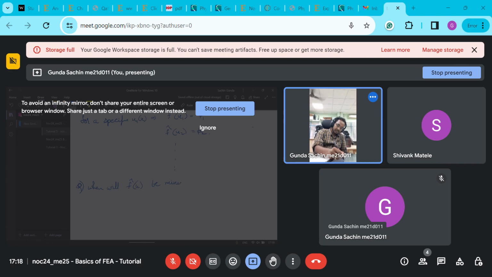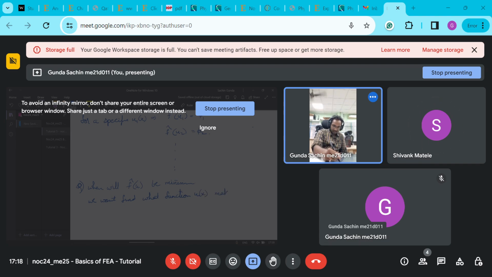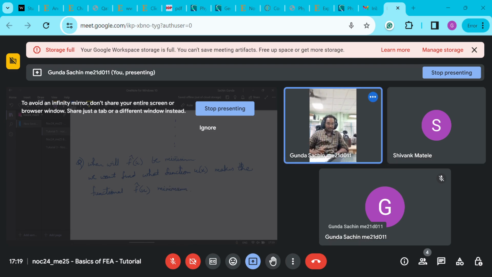Okay. The question would be: when will f hat of u be minimum? We want to find what function makes the functional minimum.